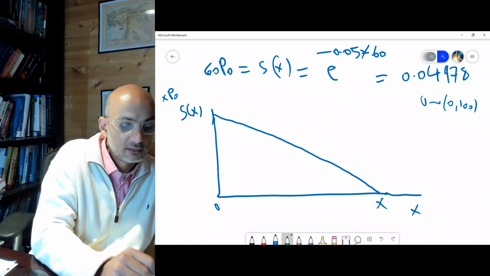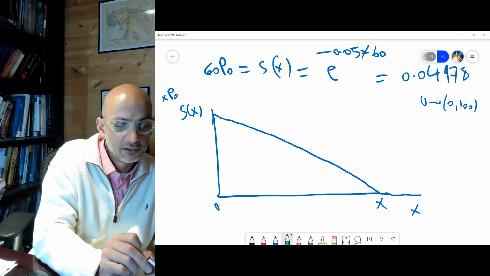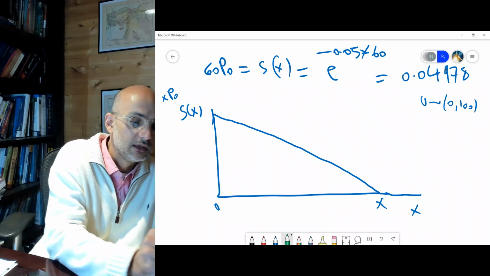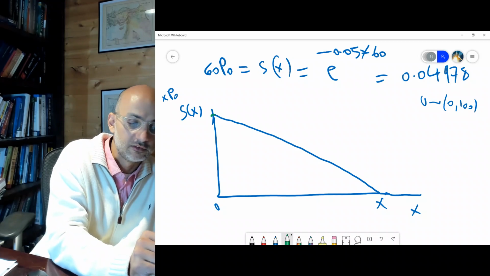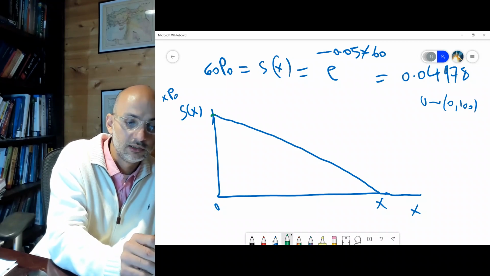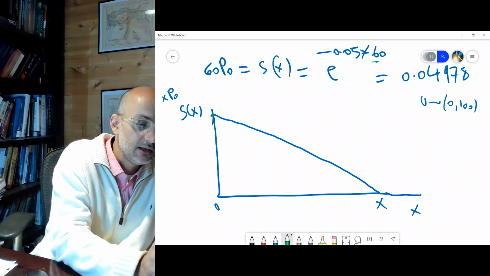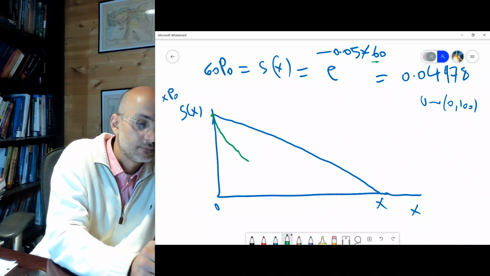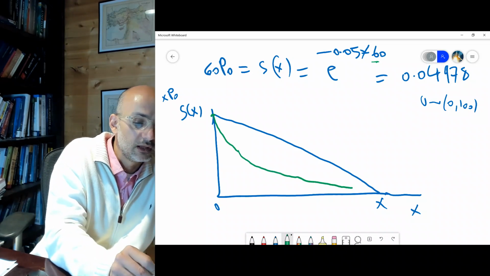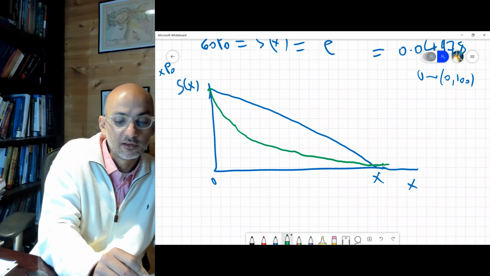If you look at the other one, the exponential distribution, it should start from here, right? If you put 0 in your survival function, it will give you 1, anything raised to 0 is 1. And then it declines quickly, and then starts slowing down. It doesn't hit 0 here, but gets closer to 0.